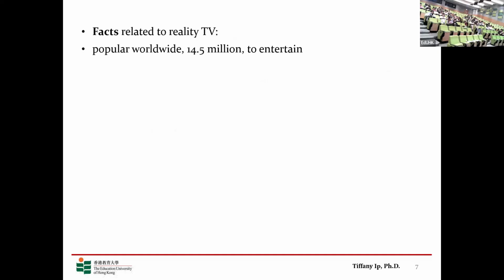Normally, when we talk about something neutral, in an argumentative essay, since they would give comments, their arguments in the body paragraphs, you can find the facts mainly in the introduction. And so when they give out the background information, when they try to discuss the phenomenon. So that is why you can identify phrases like popular worldwide, like one, and then 14.5 million. It's like the audience size, right?